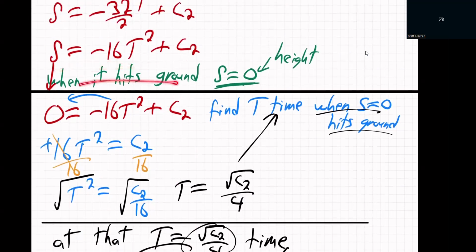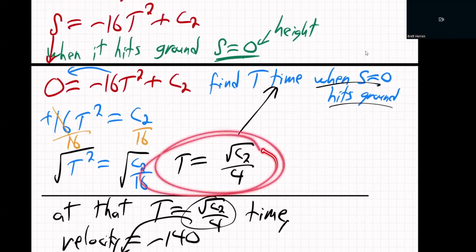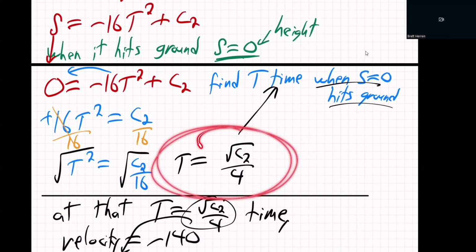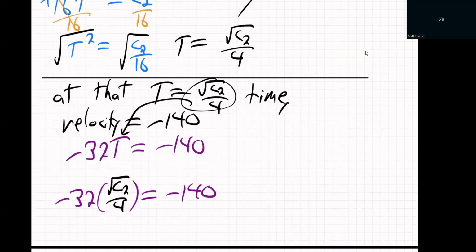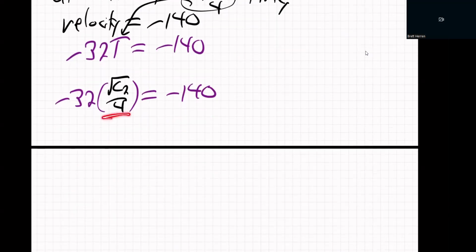They said, when it hits the ground, find the time. So I put in a 0 for the position and solve for t. There's the t, which has a constant in it, the time when the stone hits the ground. And at that time, the velocity, this equation, equals negative 140. So plug in that time right there. Now let's solve this equation.